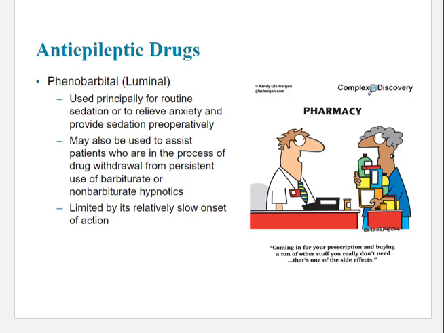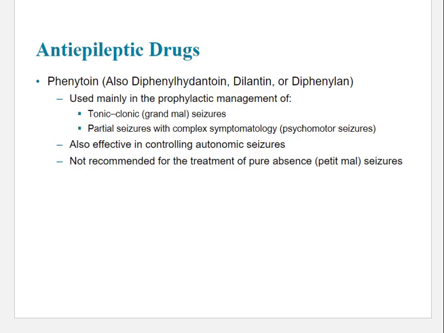Phenobarbital, we just call it phenobarb. It is a sedative and a hypnotic. It is used to relax you, and you just need to know phenobarbital on that. All right, here's one that you're going to need to know both names. So phenytoin is its main name, but it also goes by Dilantin.